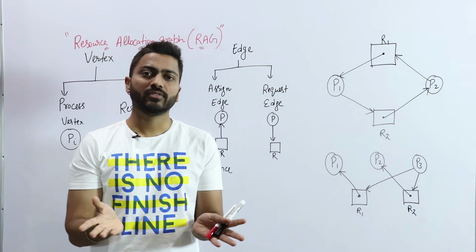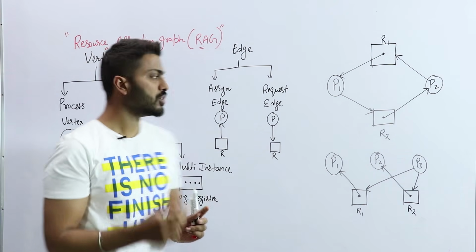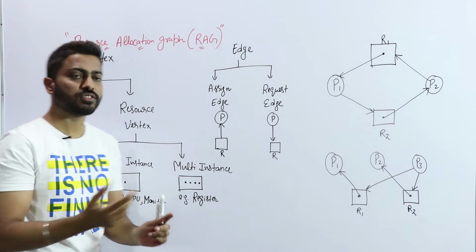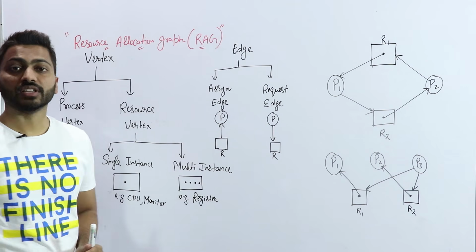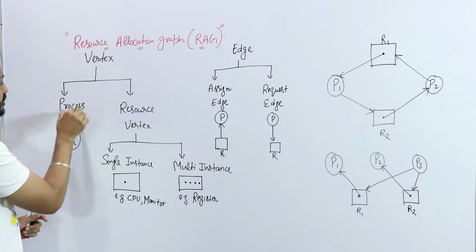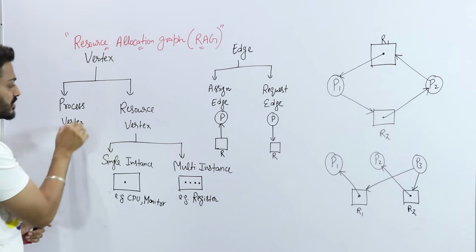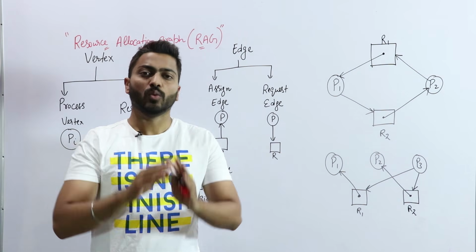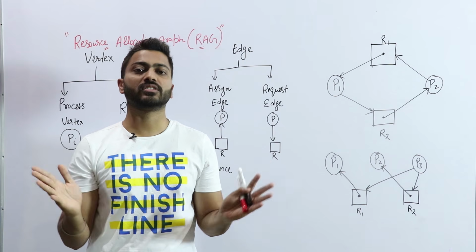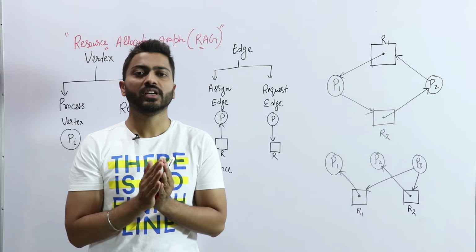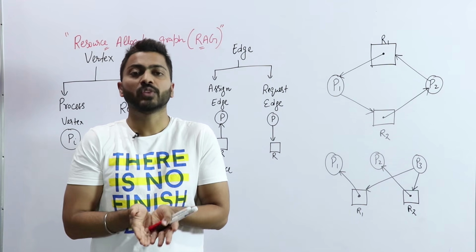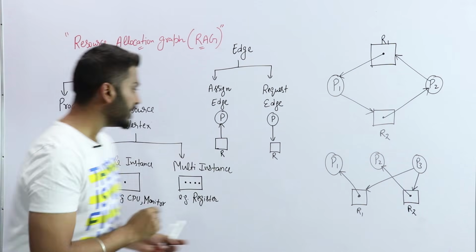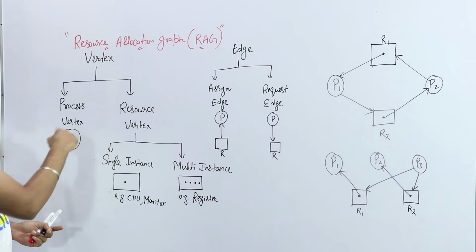Like a normal graph, it also has two things: one is a vertex, one is an edge. Every graph has edges and vertices. In the vertices, there are two types: process vertex and resource vertex. Whatever the number of processes running in our system, all the processes are represented with a vertex, generally with a circle.